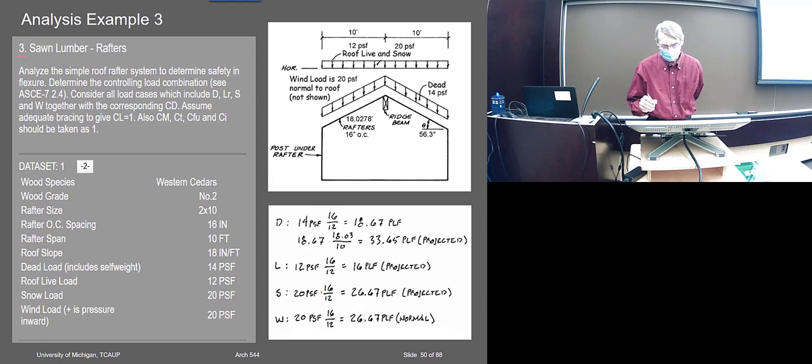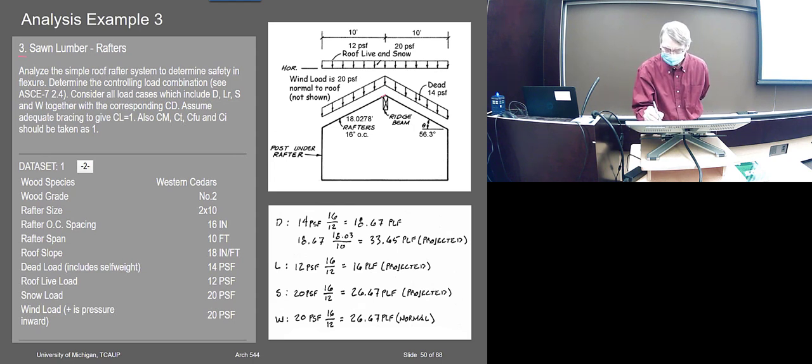The way you normally do that is you find all the different load combinations, the moment for each, and then divide that moment by CD, and the one that then controls would be the controlling load combination. So, okay, here we go.